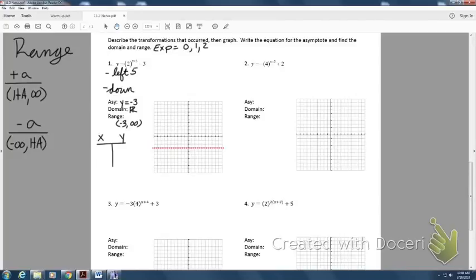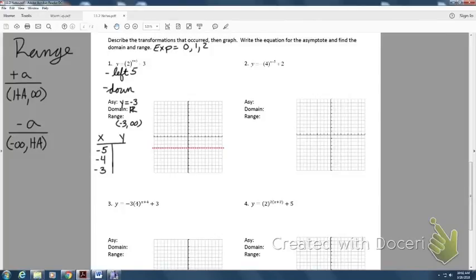Negative 5. The easy thing about this is once you find that one, it's pretty easy to figure out what's going to make it equal 1 and 2, because you're just going to go up by ones. -4 plus 5 is going to give me 1. -3 plus 5 is going to give me 2.